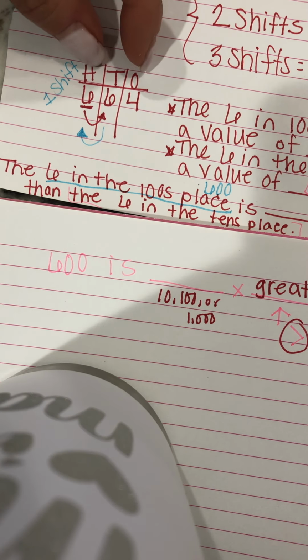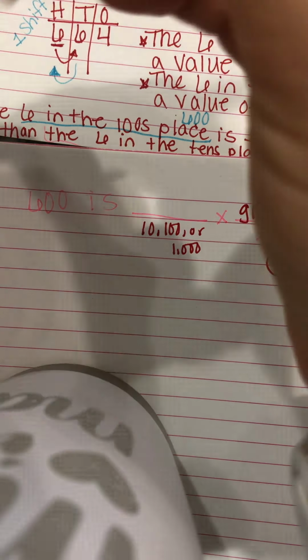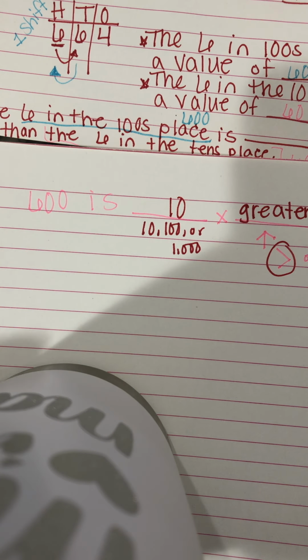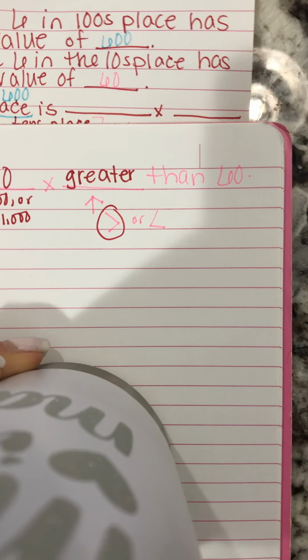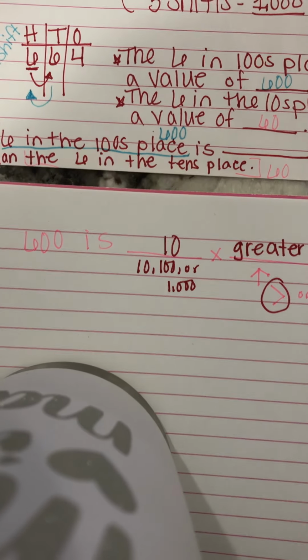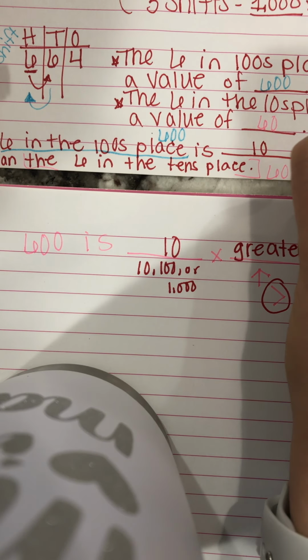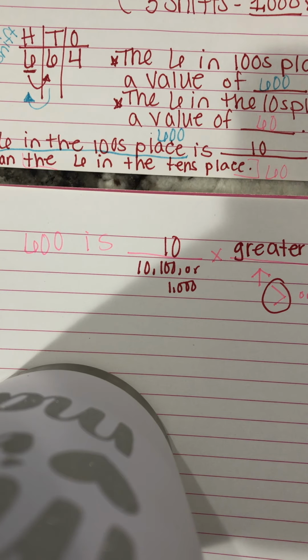Here they are right next to each other. And I know one shift equals 10 times greater. So that means 600 is 10 times greater than 60, or the 6 in the hundreds place is 10 times greater than the 6 in the tens place.